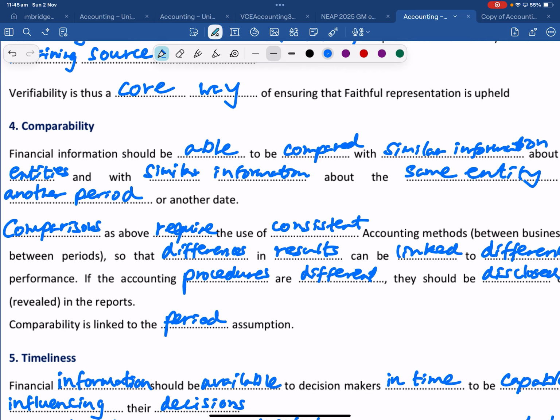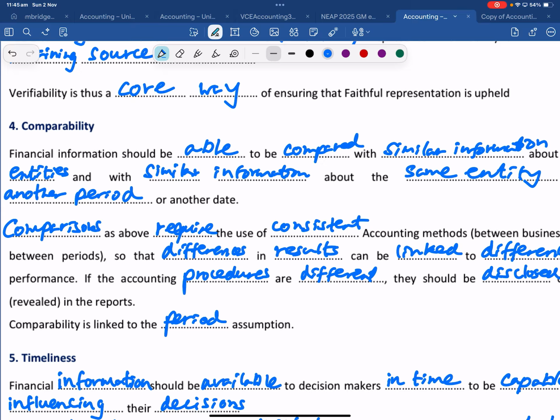Next one, comparability. Okay, guys, what's comparability? Comparability means the financial information reported in different periods, what was reported last year and what is reported this year, and also the information from two different businesses.